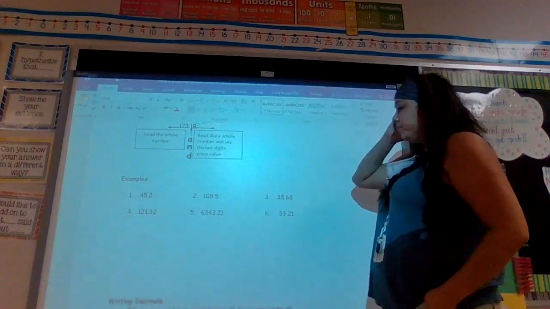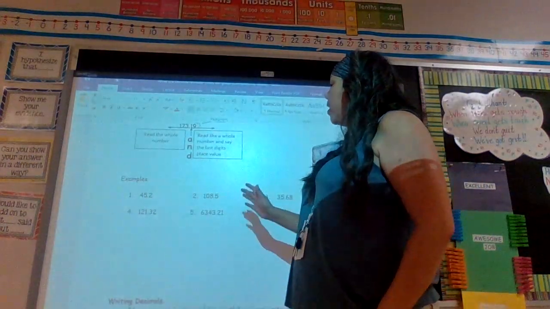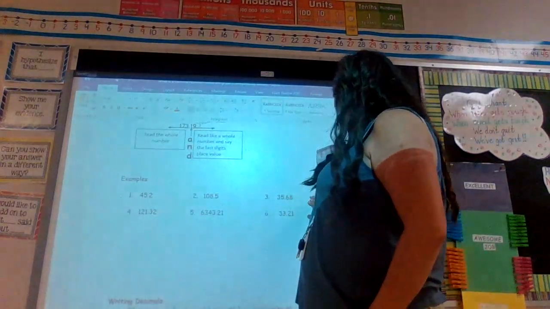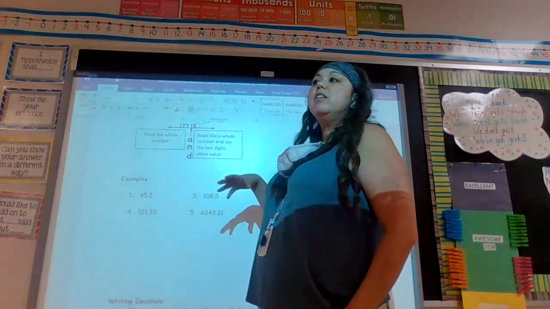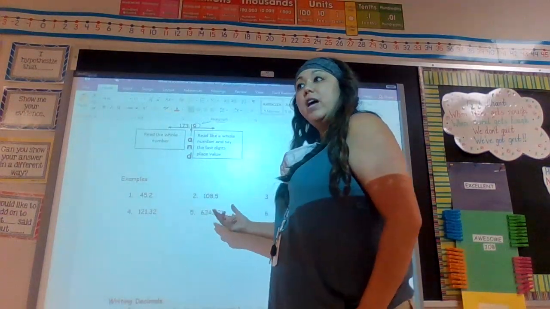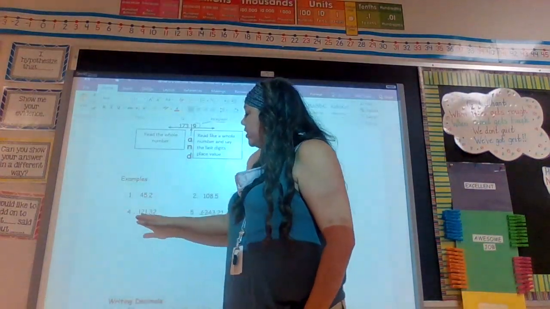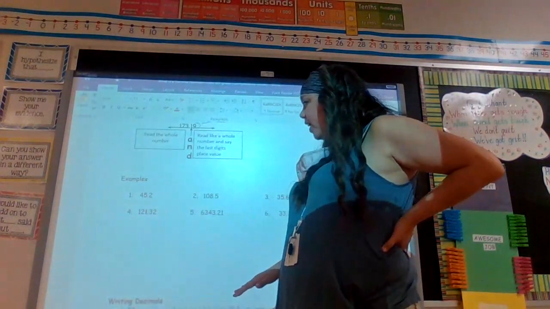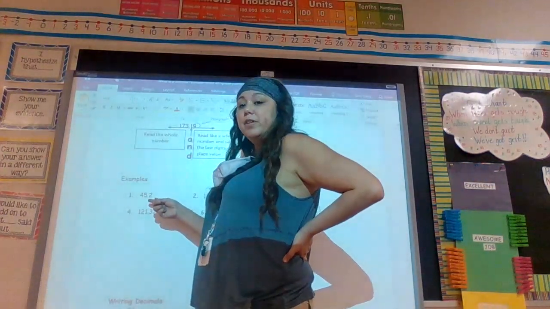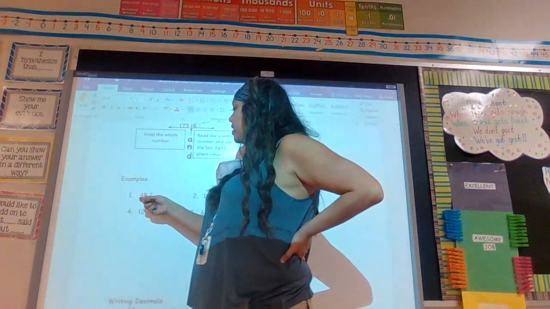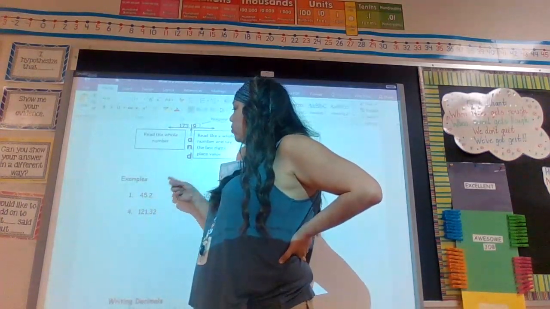Now I'm going to practice reading one with you, and then we're going to pause, and I want you to read through these. Then maybe read them to your parents as well so they hear you saying them. What I like to do on this one is think about where this number lies. This number, how I read it, is 45 and 2 tenths.